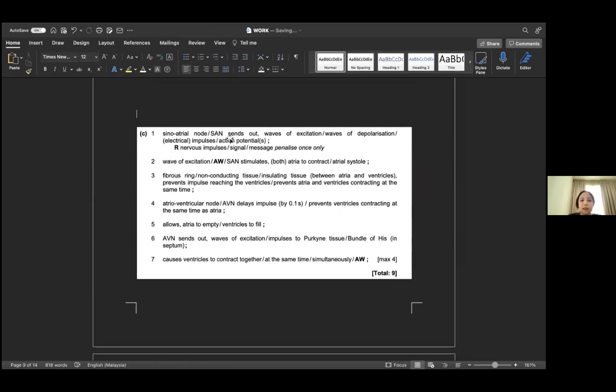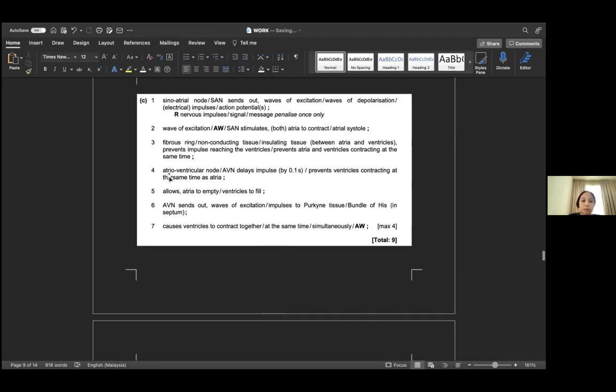The sinoatrial node sends out waves of excitation, which cause the atria to contract almost simultaneously, and there's a fibrous ring of non-conducting tissues which prevents impulses from reaching the ventricles directly, and prevents the ventricles from contracting at the same time as the atria. So atrial systole and ventricular systole do not occur at the same time.